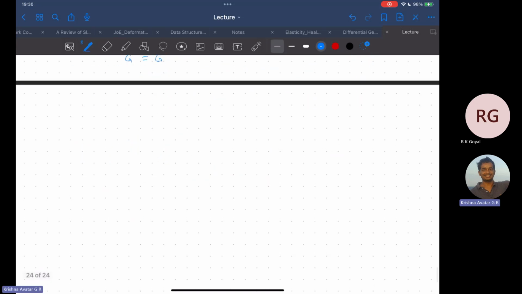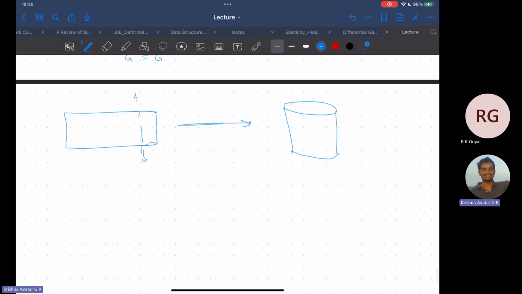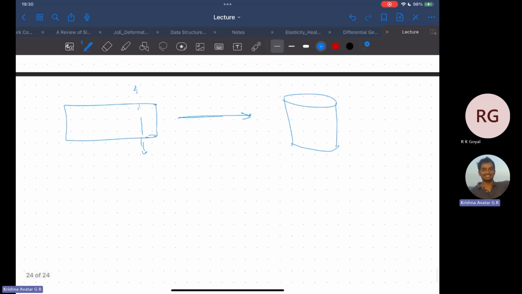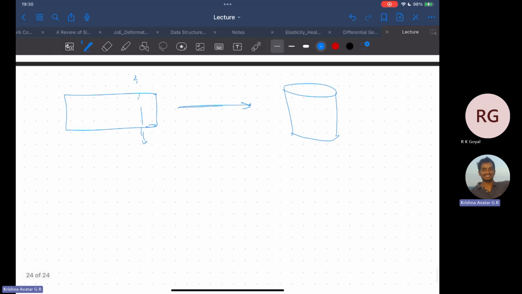Let's look at a plane surface, and then try to form a cylinder out of it. And we know that we are just rolling it about this particular axis, right? We are just rolling it up about this direction, and then we get a surface. So let's look at the deformation, so to speak.